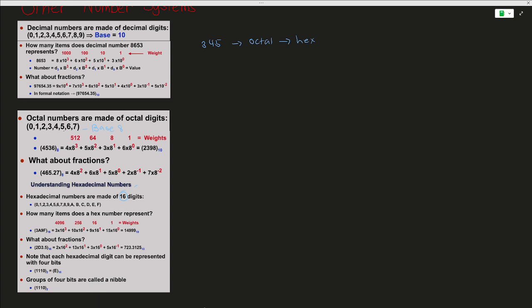Okay, so the simplest way of doing this is i-convert mo muna siya into binary. Okay, pero alam naman natin na siyempre malaki tong number na to na 3, 4, 5. So, what is a simpler way of doing this?